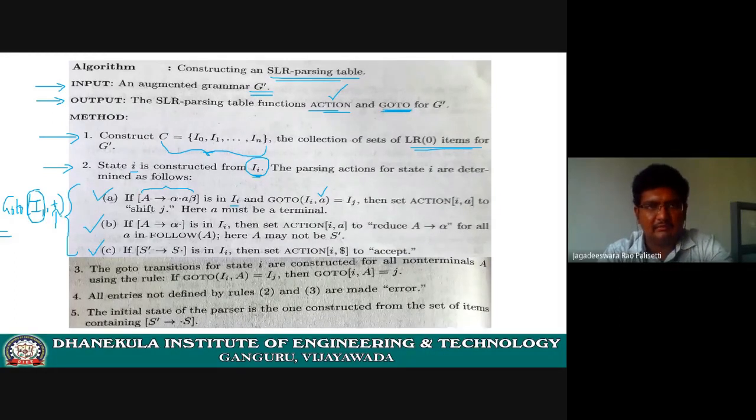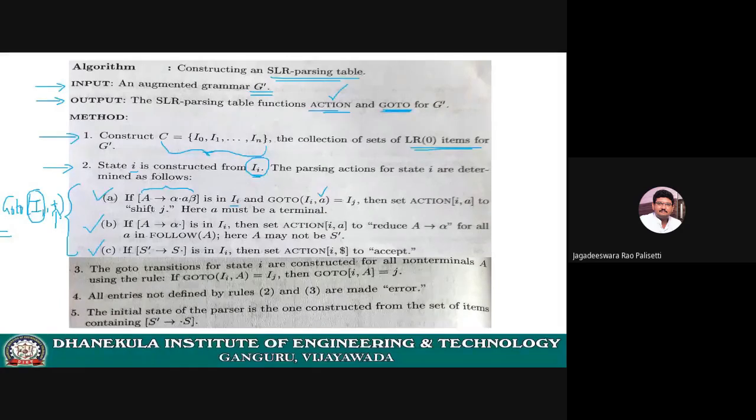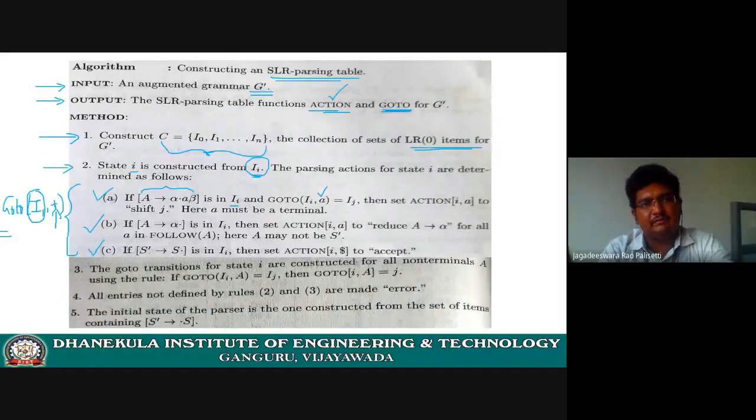Am I clear? I take that particular production and perform goto. What is the meaning of performing goto? Simply the dot operator is moved to its next position. Maybe after the movement, the dot is before a non-terminal, maybe the dot reaches the end, and we may get different states.